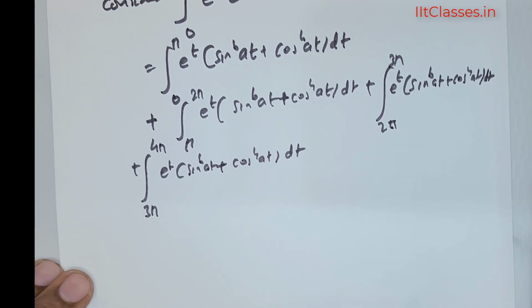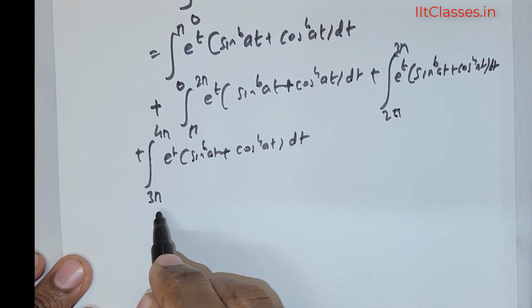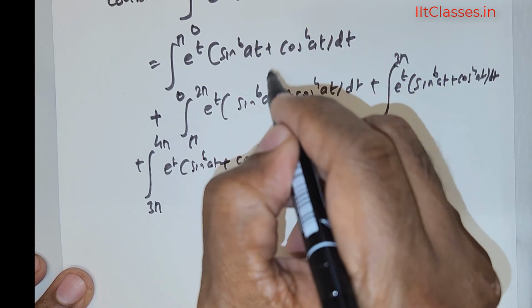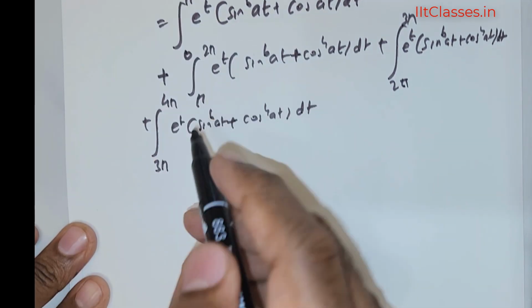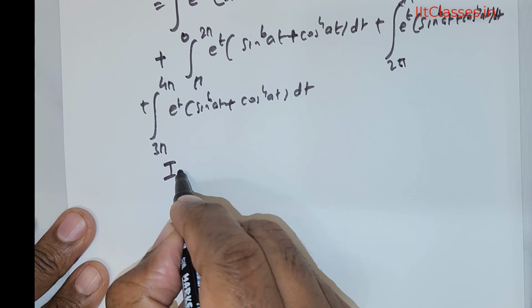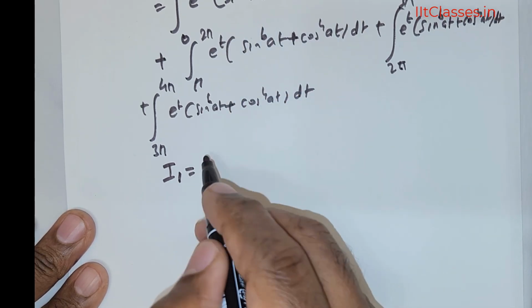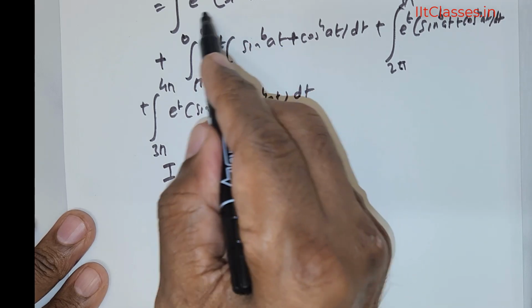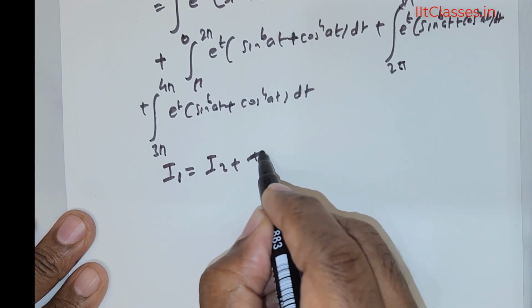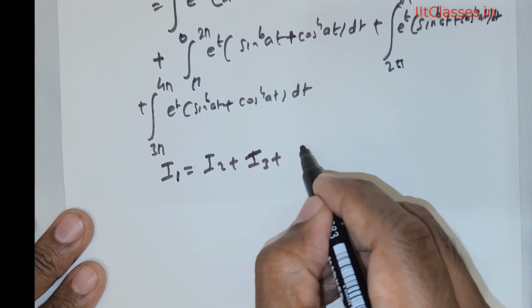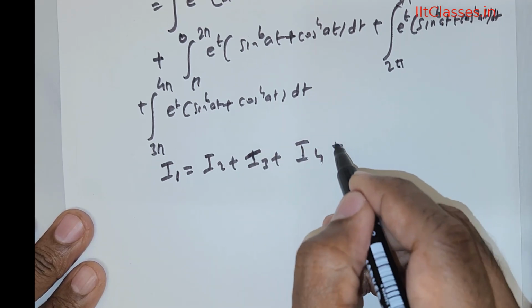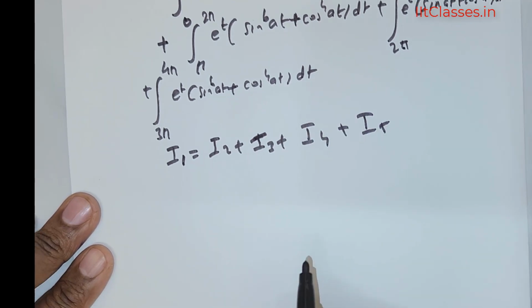So this is what we have got. Now I'm going to represent it in the following fashion. Let me take the left hand side to be equal to I1, and this one is going to be I2, this is going to be I3, this is I4, the last one is going to be I5.